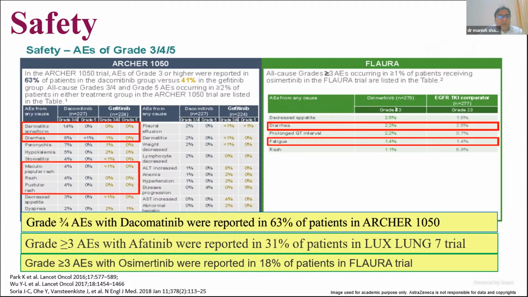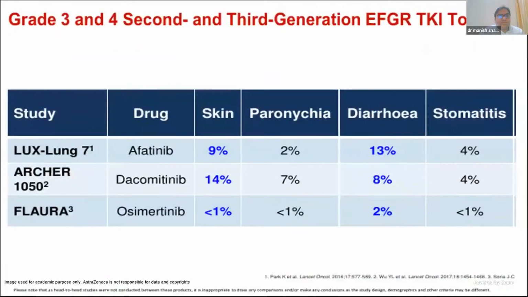So the least number of grade 3 or 4 adverse events were found in the FLAURA trial in the osimertinib arm.